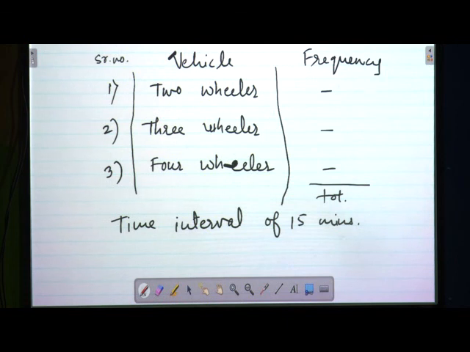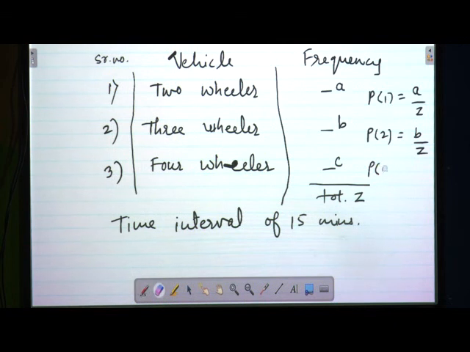Suppose this count is A, this count is B and this count is C, and the total is Z. Then the probability of the first event is A upon Z, the probability of the second event is B upon Z, and the probability of the third event is equal to C upon Z. This is in general what I have shown you.